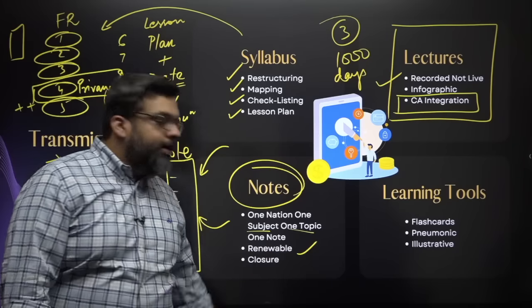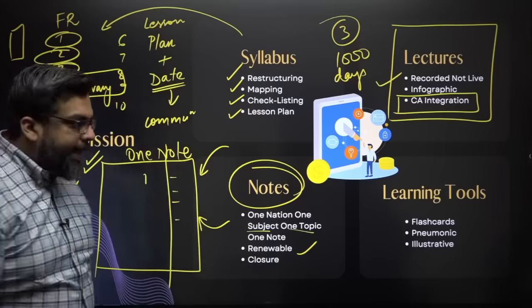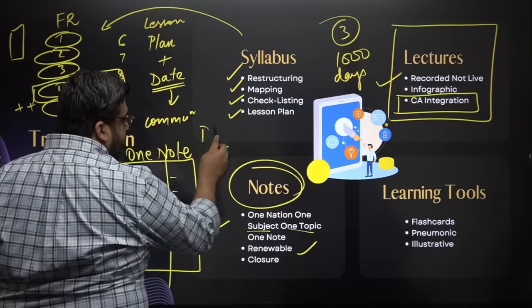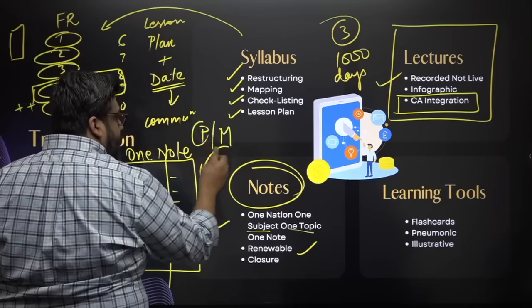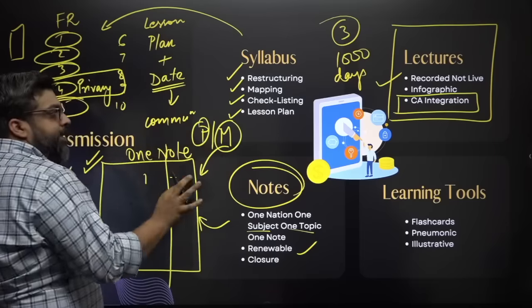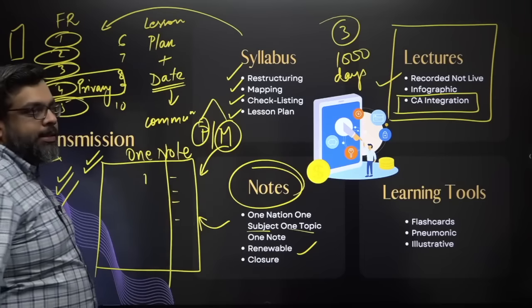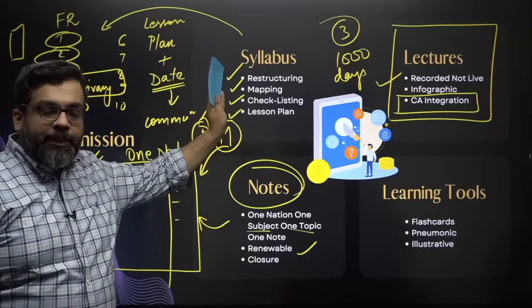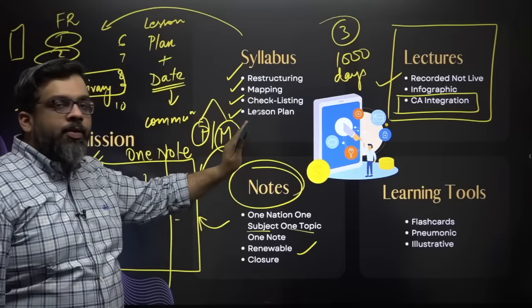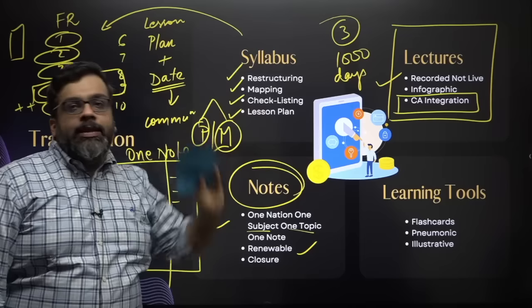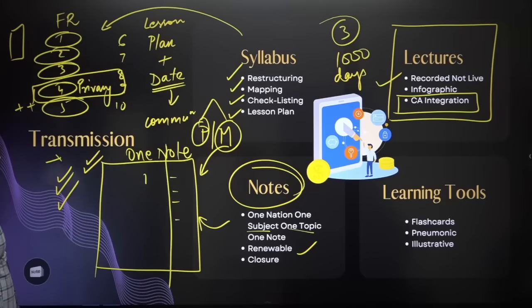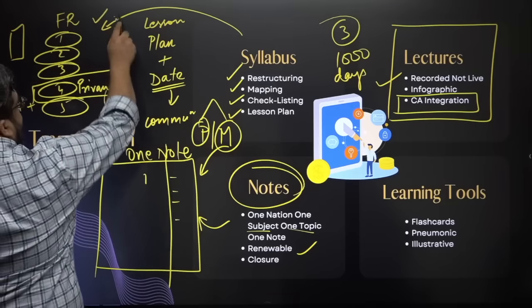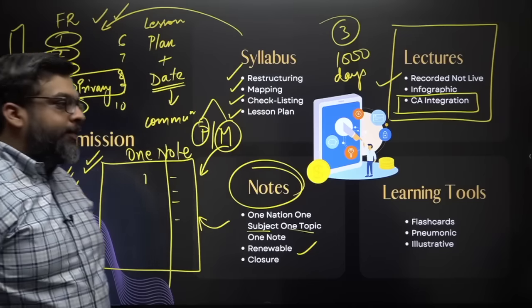That's what makes them renewable. And that means whether it is for the pre or the mains, you will very clearly and very specifically get categorical notes. That X part of fundamental rights in a notes form for the pre, Y part of it in the notes form for the mains. Lectures are also done accordingly. So your preparation starts and finishes here itself.